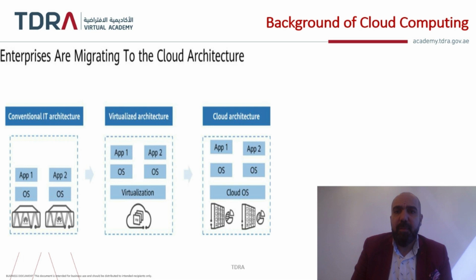We will have something called the DNS server. We will have a file server, DHCP server, application server, database servers, and then add as many servers as your business needs.